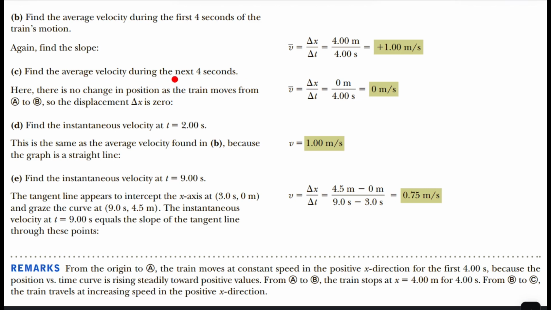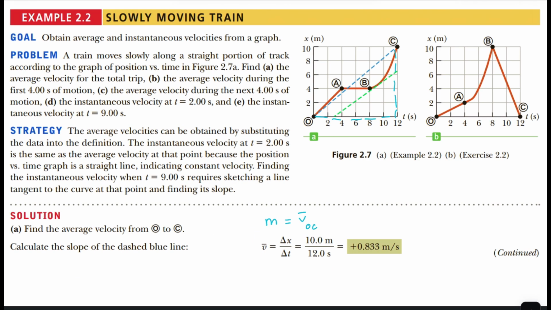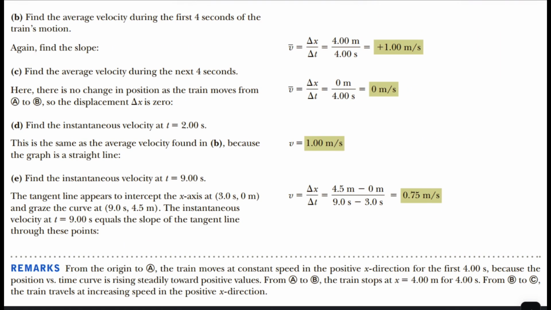For part C, we need to figure out the average velocity during the next 4 seconds. The next 4 seconds means from 4 seconds until 8 seconds, so from point A to point B. If you see here, there is no slope. It's a flat line.